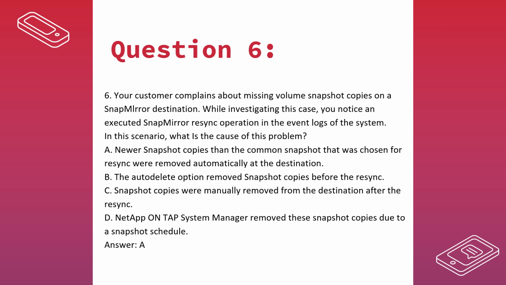6. Your customer complains about missing volume snapshot copies on a SnapMirror destination. While investigating this case, you notice an executed SnapMirror resync operation in the event logs of the system. In this scenario, what is the cause of this problem? A. Newer snapshot copies than the common snapshot that was chosen for resync were removed automatically at the destination. B. The auto-delete option removed snapshot copies before the resync.